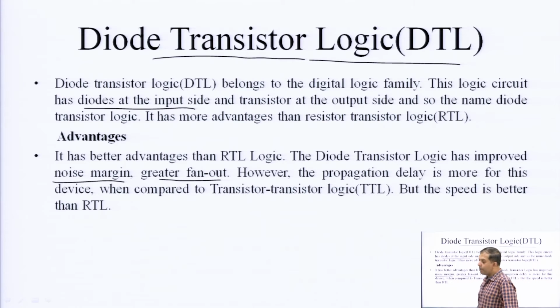However, the propagation delay is more for this device compared to TTL, but the speed is better than RTL. TTL is transistor-transistor logic, which we will discuss in upcoming videos. So far we have discussed RTL. DTL is better than RTL in terms of speed as well as noise margin and greater fan out.